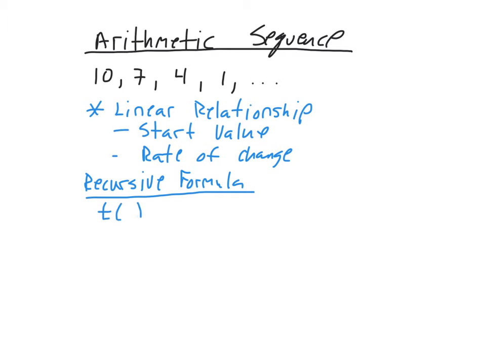T of something, that's my start value. And then it's two parts to it. The second part is the rule, and the rule says T of n, which just means the next term, is equal to the previous term, that's what T of n minus 1 is, and then it's going to be plus or minus my common difference, my rate of change. So all I need is the start value, that's this right here, and then I need my common difference, that's that right there, which is my rate of change. Once I have both of those, I have the formula. Pretty easy.